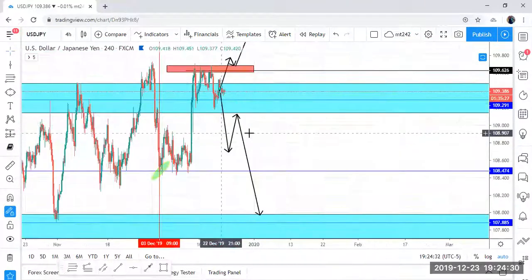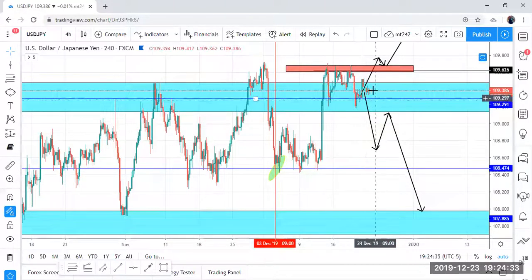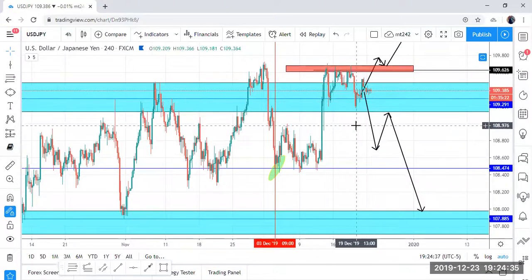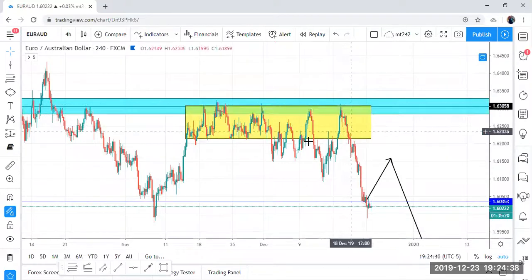Price isn't at a support or resistance area right now. It is in my zone. I wait for it to come out.